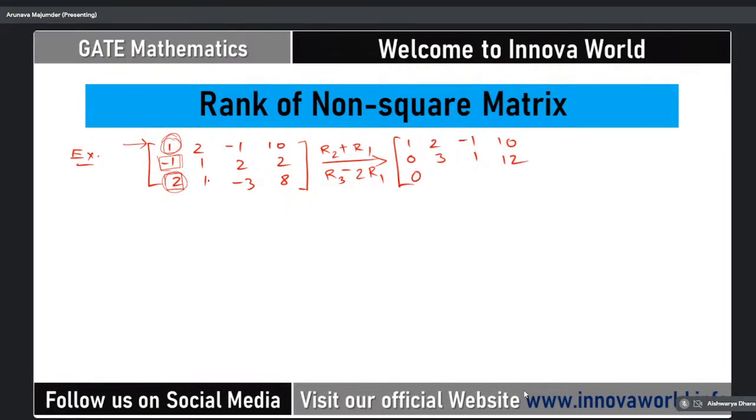So for the second element, 1 minus 2 into 2 it is 4, so 1 minus 4 is minus 3. I think something is wrong; the matrix is 1 2 minus 1 10, 2 2 1 8.